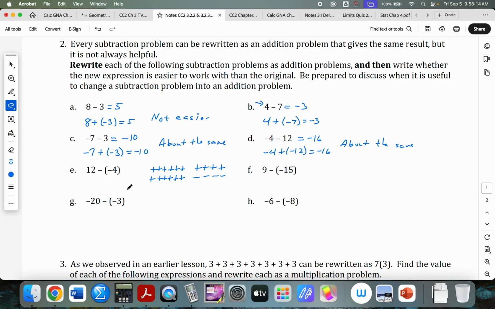And that's the key. When I'm subtracting the 4 negatives, that has the result of adding 4 positives. This is 12 plus 4 is 16. Is the second one easier? Oh gosh, yes.